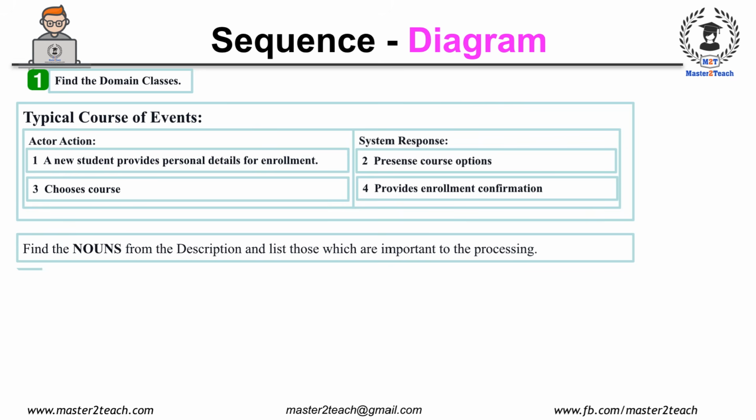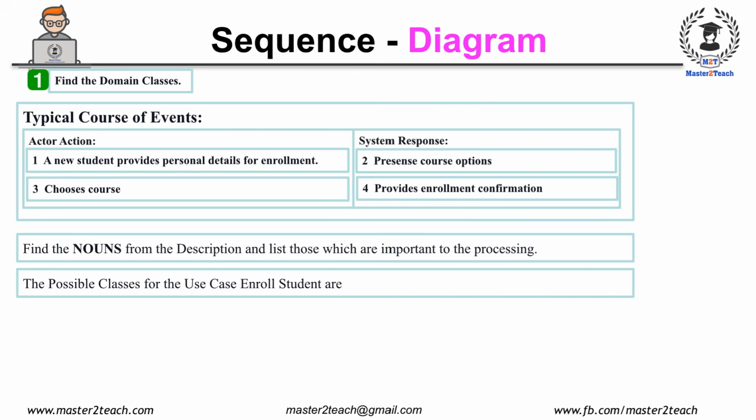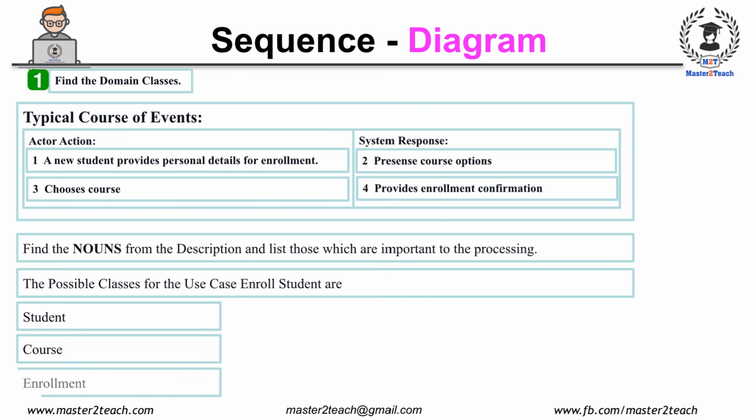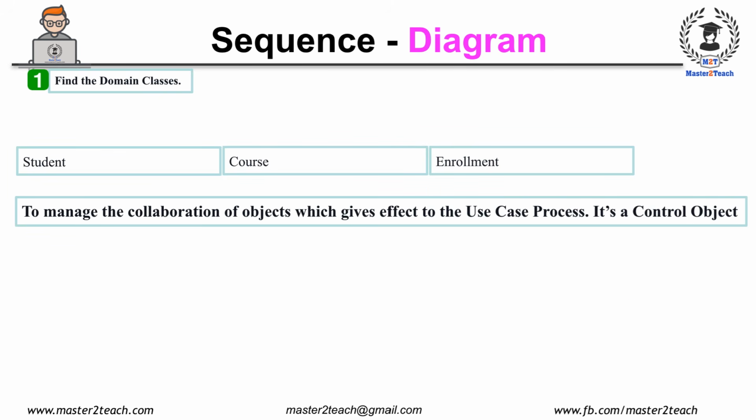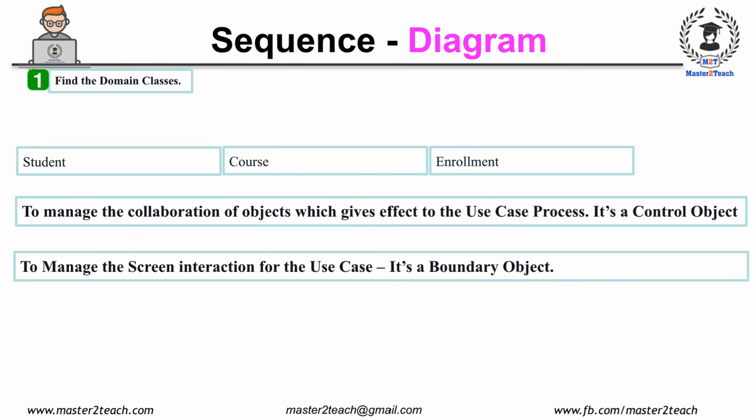The possible classes of the use case Enroll Students are number 1 student, number 2 course, and number 3 enrollment. After successfully identifying all domain classes, we need another 2 classes. One is a control object, to manage the collaboration of objects which gives effect to the use case process. The other is a boundary object, to manage the screen interactions for the use case.